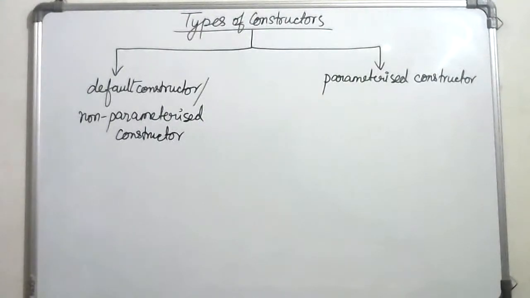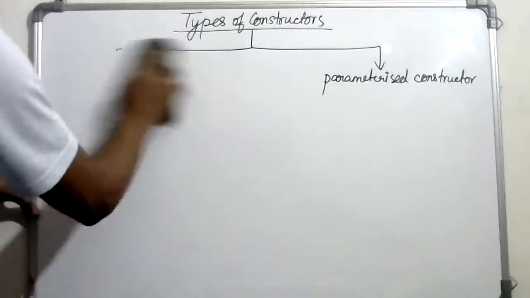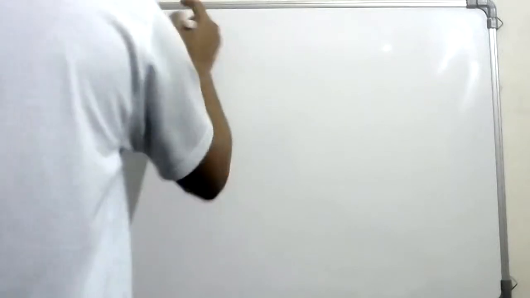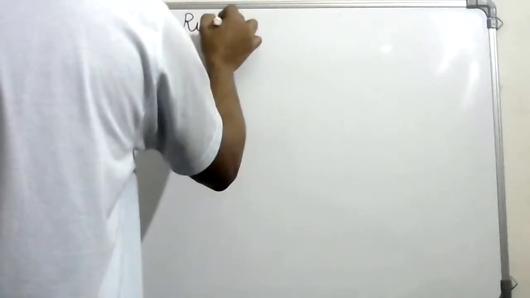And the second type is called a parameterized constructor, which is the same constructor but takes certain arguments when it is called. We'll take a detailed look at these two types of constructors, but before that, let us study the rules for writing constructors. So what are the rules for defining constructors?